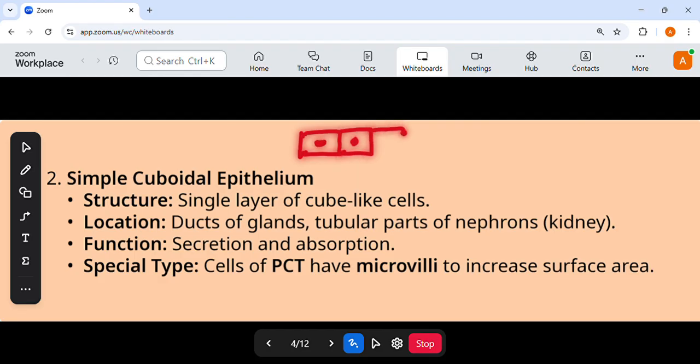This is the cuboidal epithelium, and here we can see simple cuboidal epithelium in DCT, thyroid follicles. Okay, brush border epithelium भी होता है. Two more I'll write. Brush border, PCT.